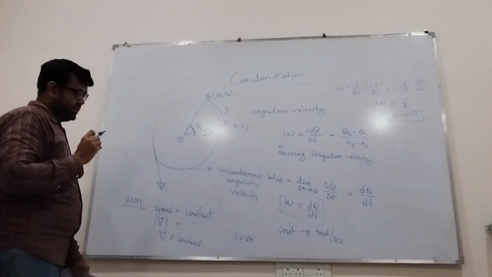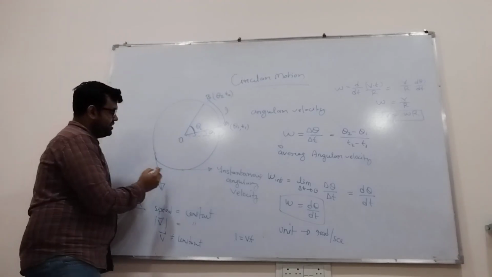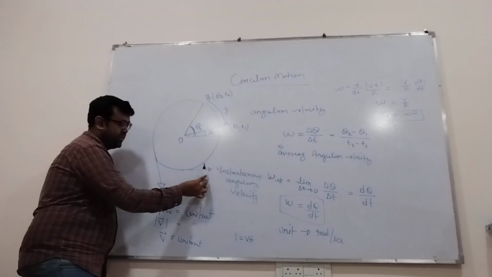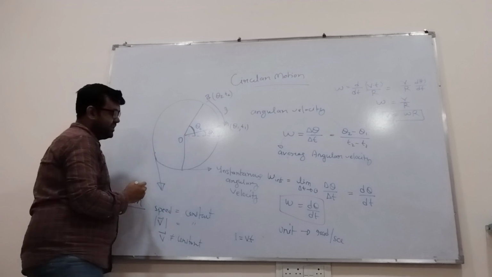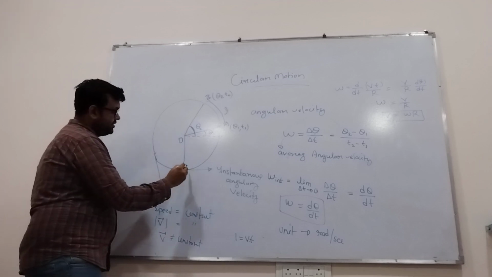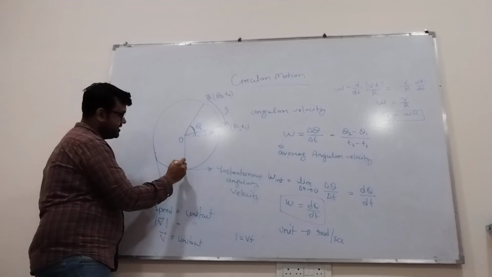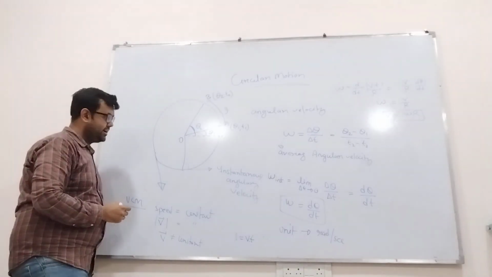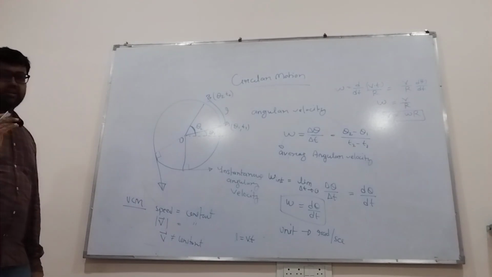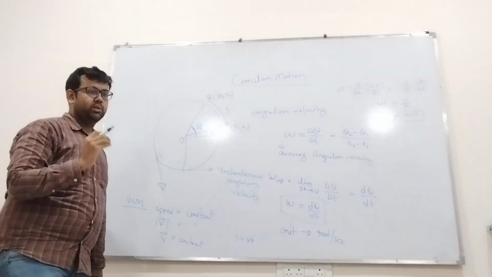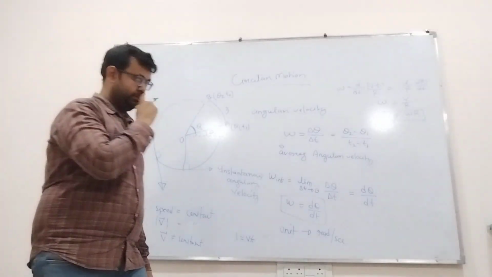You can also see here one point, that is when the object is moving, the direction of velocity is this, and if you join this particle with the center, you can see the direction of velocity and the radius is always at a 90 degree angle at each and every point. The radius and the velocity are always at 90 degrees.